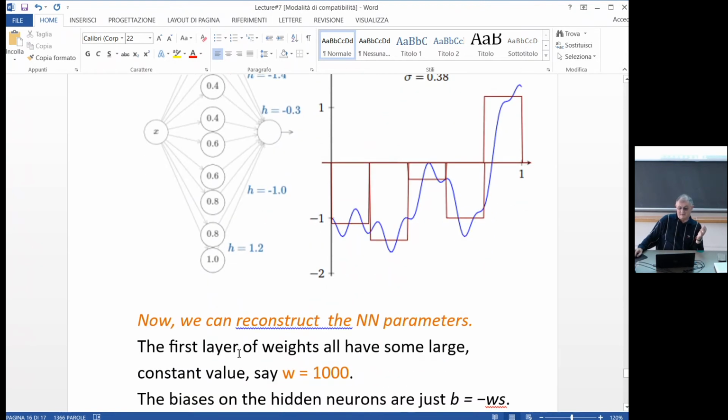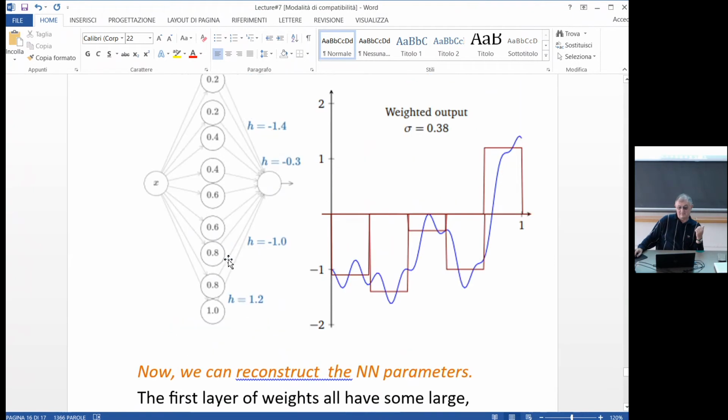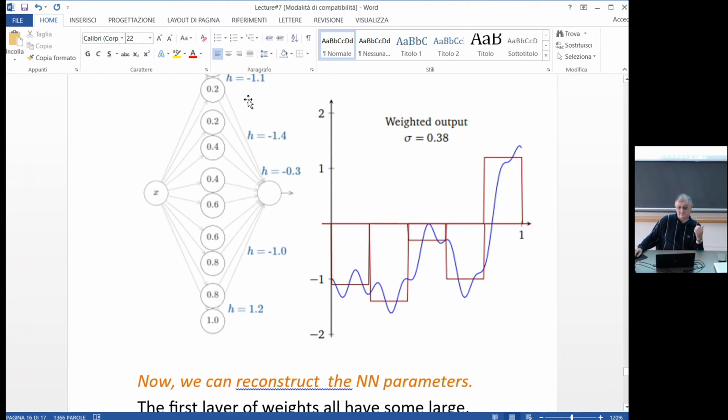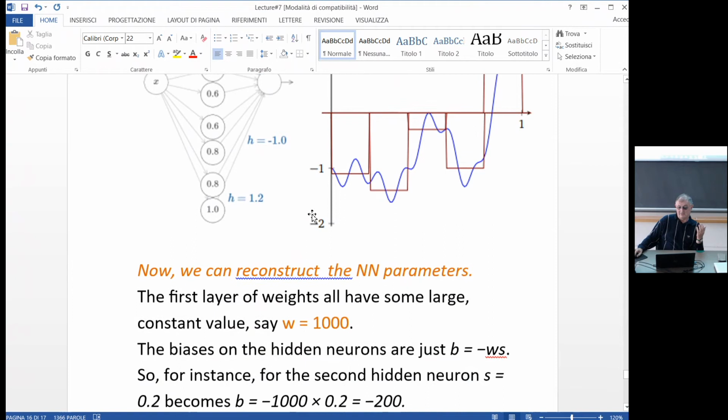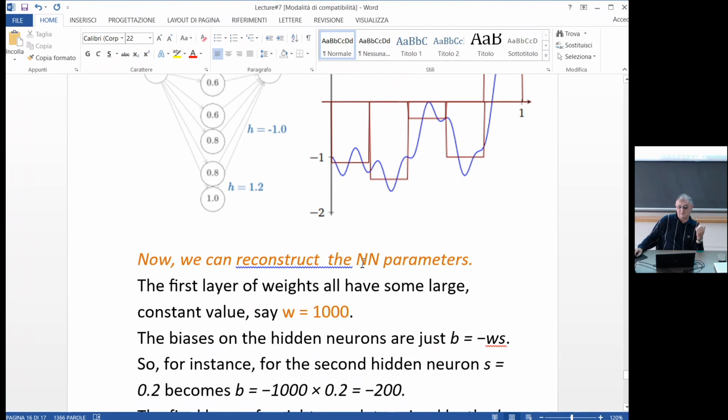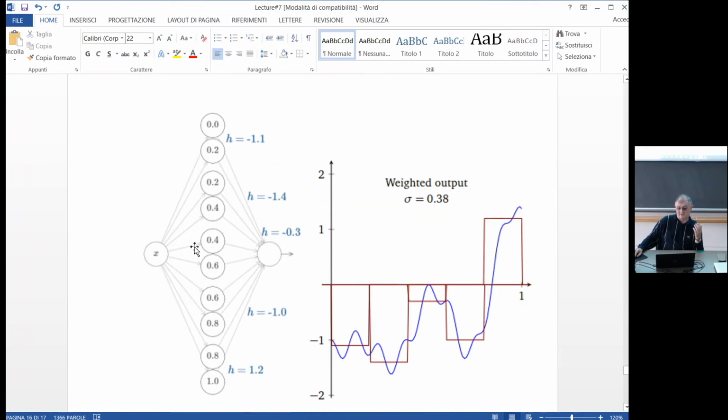And now we can reconstruct from this S and H our neural network parameters. The first layer of weights we can choose arbitrarily, but large, about 1,000, and we can choose 1,000, for example, for all these connections.